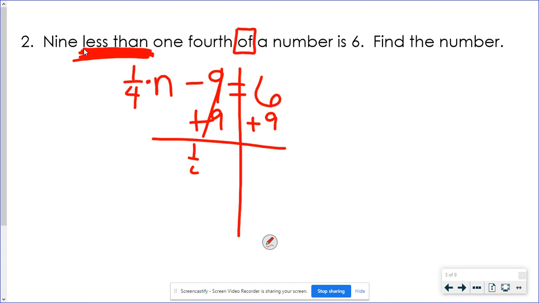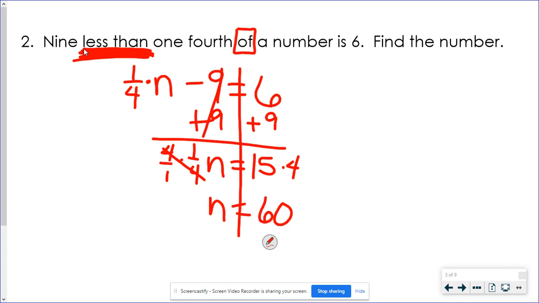So I have 1/4 n equals 15, and then I would multiply by the reciprocal, which is 4/1, or just 4. So I would want to get that n is equal to 60 on that problem.